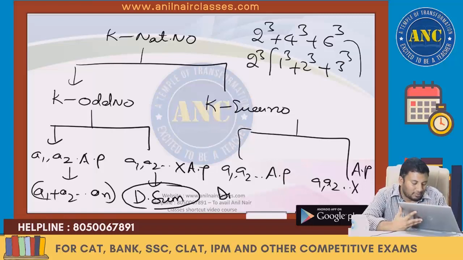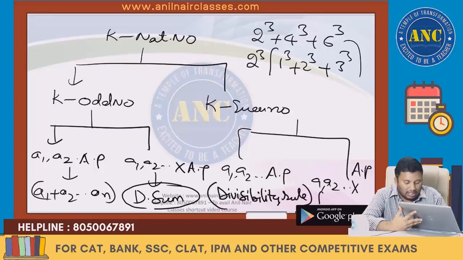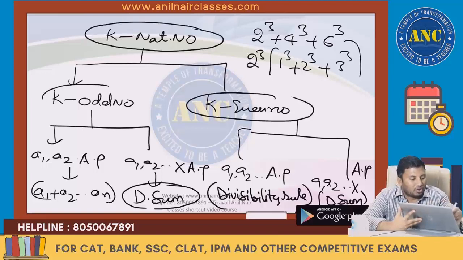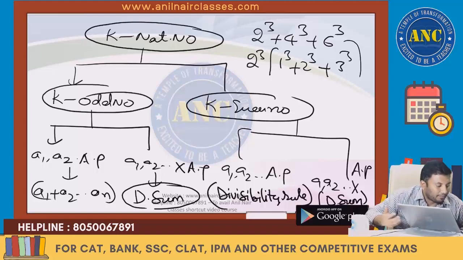This is the divisibility rule. If the series is not in AP, use a digital sum. Only these 4 cases will come in any of the questions. Please take a screenshot of this, right?